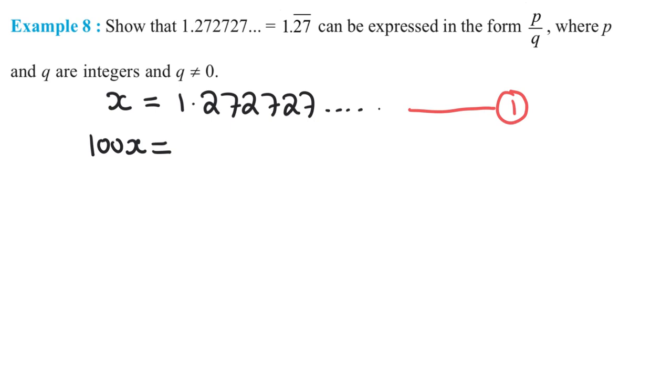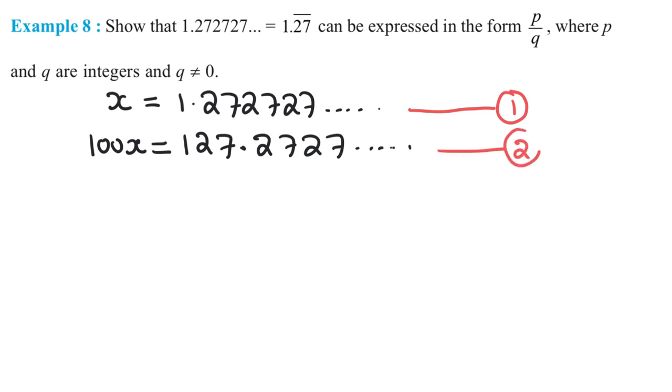Now, if I have to multiply 1.2727 with 100, the decimal point shifts 2 digits to the right and it will become 127.2727 and on and on and on. Let us label this equation as 2.